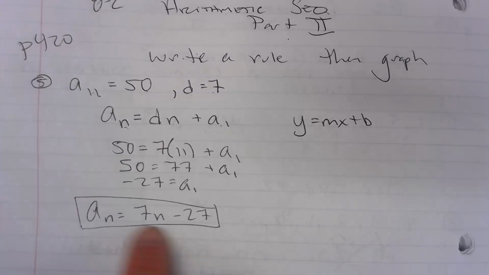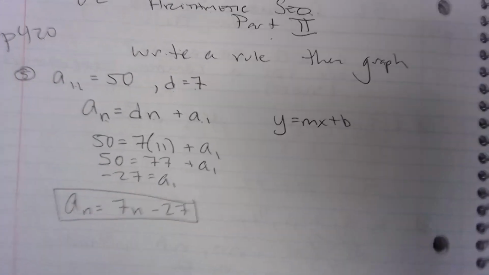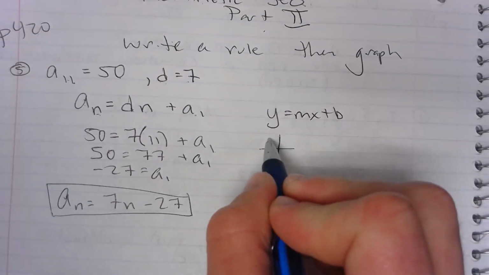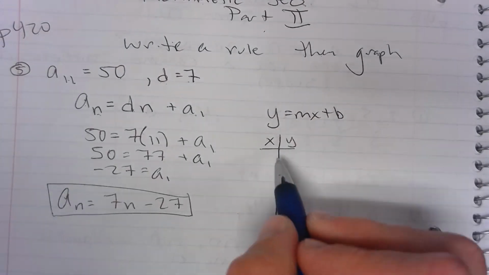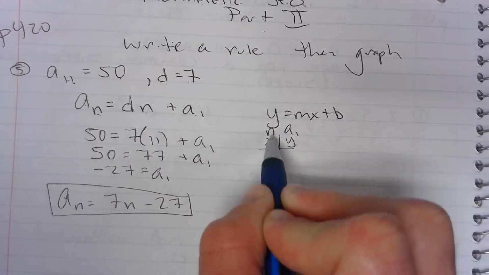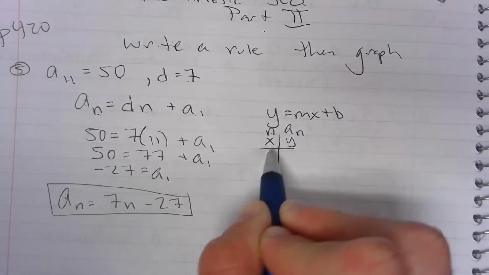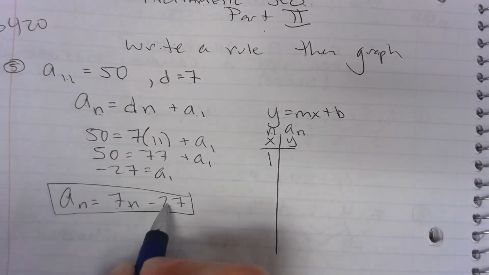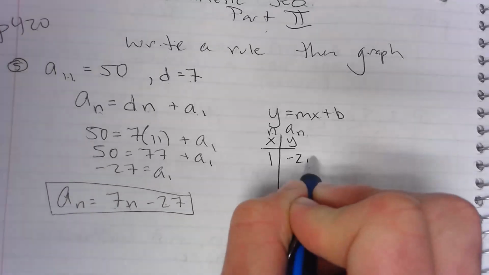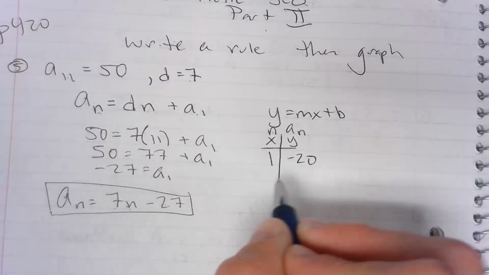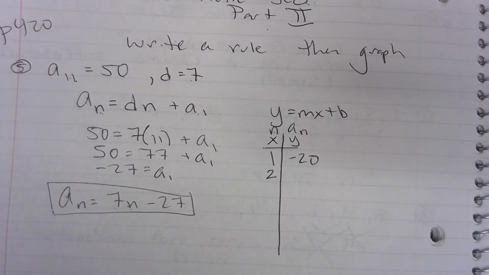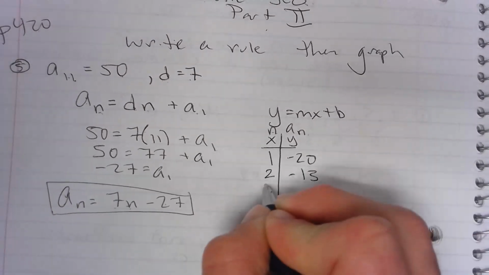Alright, here's my rule. And so let's go ahead and graph. Now, actually, in this case, we're really talking about n and a sub n. So when n is 1, I have 7 times 1, take away 27, I get negative 20. When n is 2, I have negative 13.